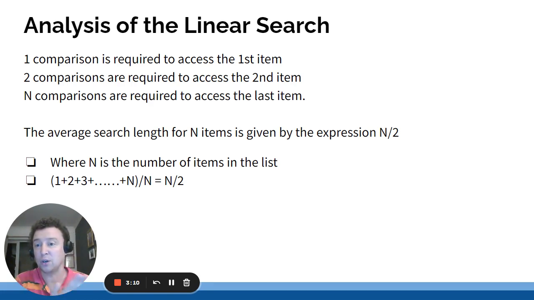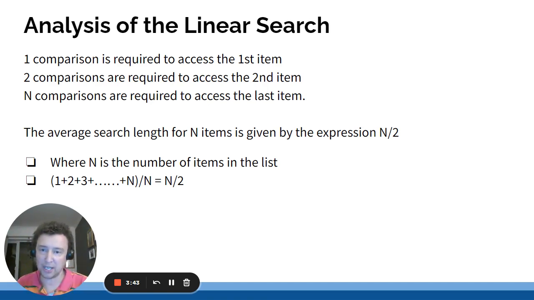So if you are looking in a list of 100 items and the item that you're searching for is number 99 out of 100, you're going to have at least 99 comparisons. It depends where the item you're looking for is, but we can give it a value of n. So if there's an array with n items in it, we could have to perform n comparisons.